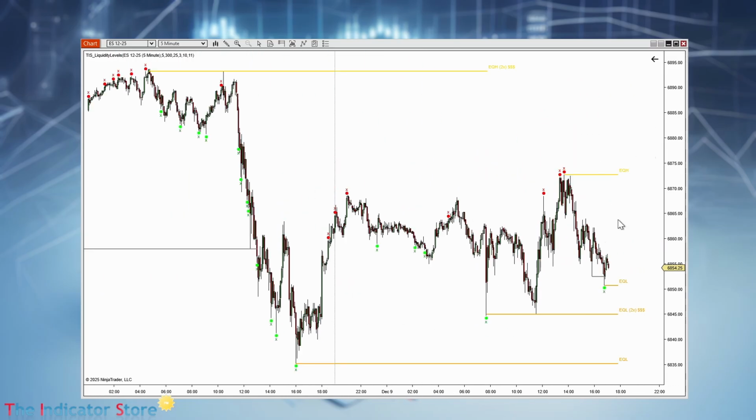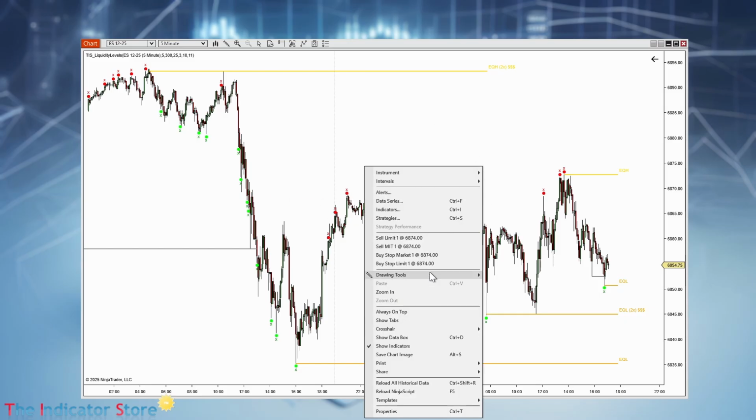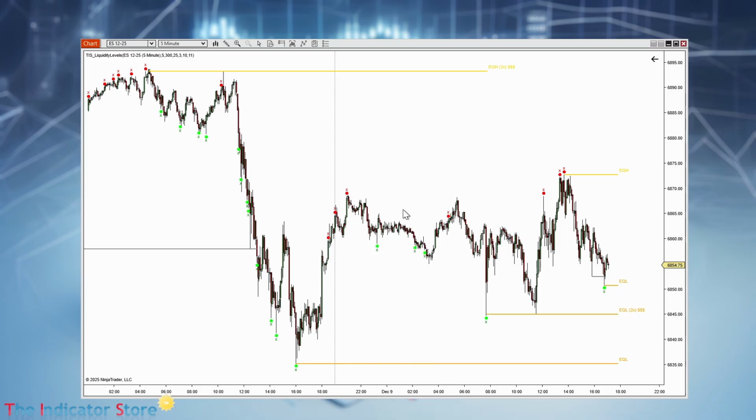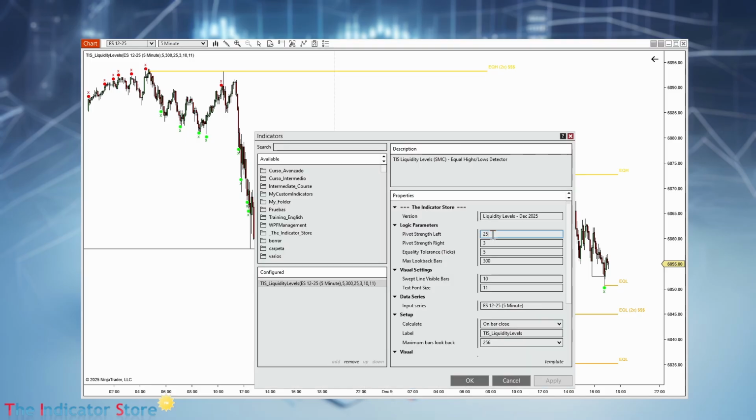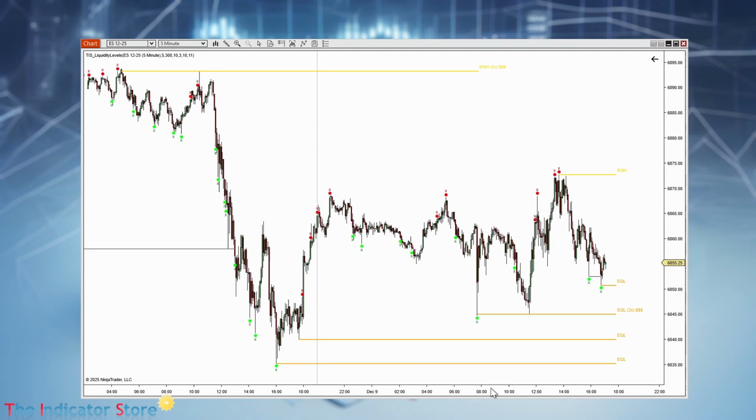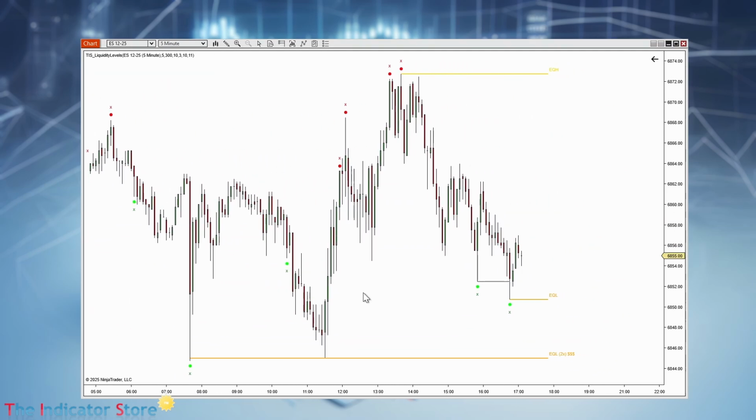Just for the example, so we have more signals, let's make the number smaller. Let's go again to 10: 10 bars to the left and 3 bars to the right. And what do we see here?